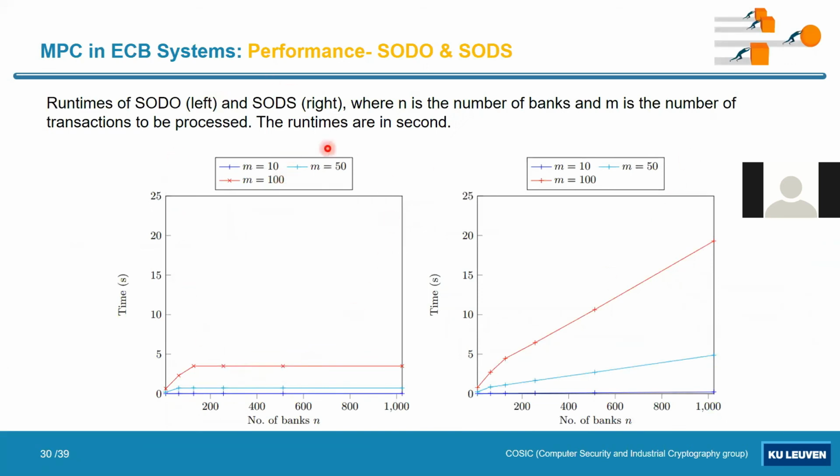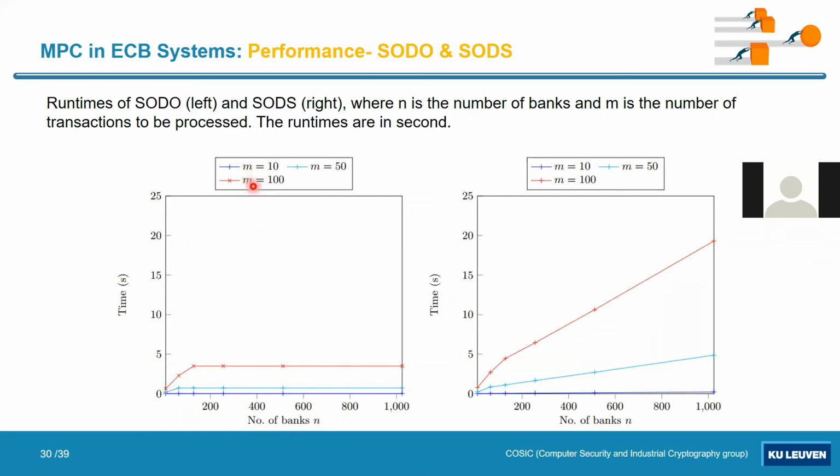Here you can see the result of the SODO algorithm, and on the right you can see the SODS algorithm. The y-axis shows the time in seconds, and the x-axis shows n, which is the number of parties.